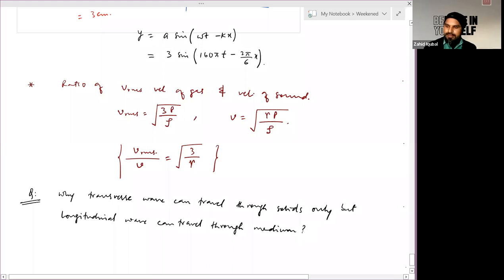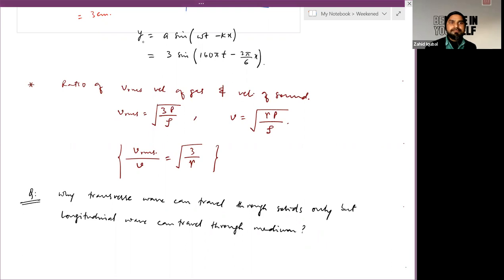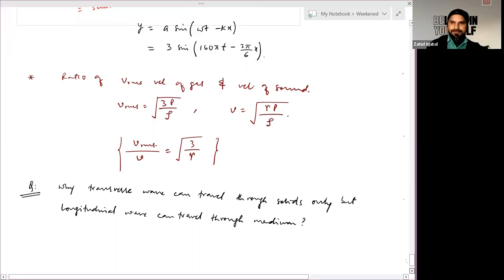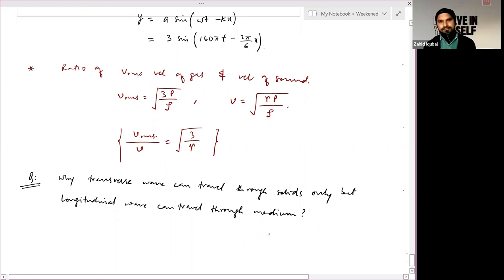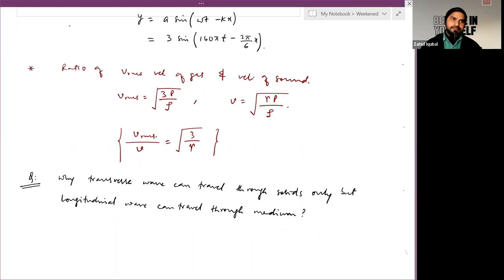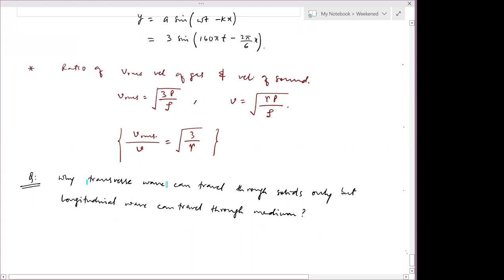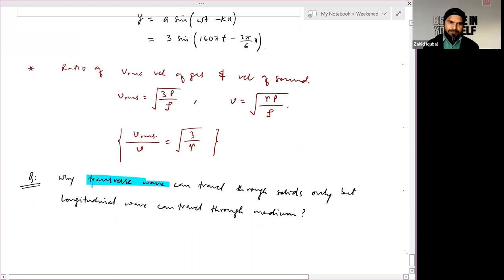Maimuna, just tell me the answer related to this part. What is the reason behind it? Yes, Maimuna.